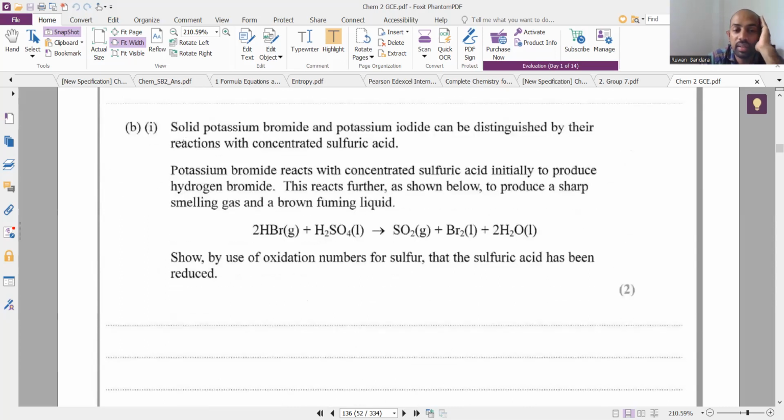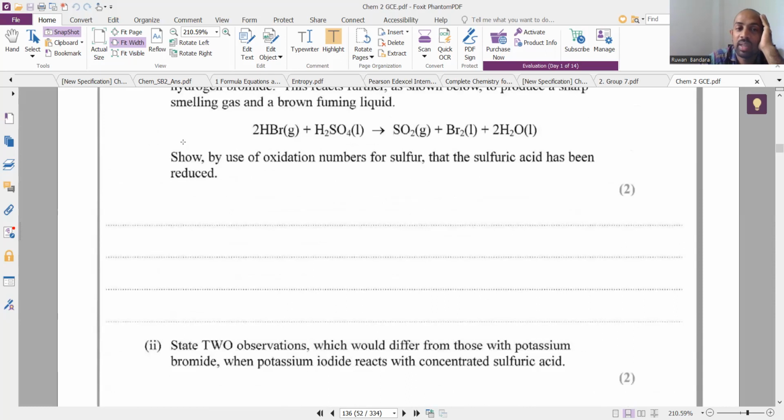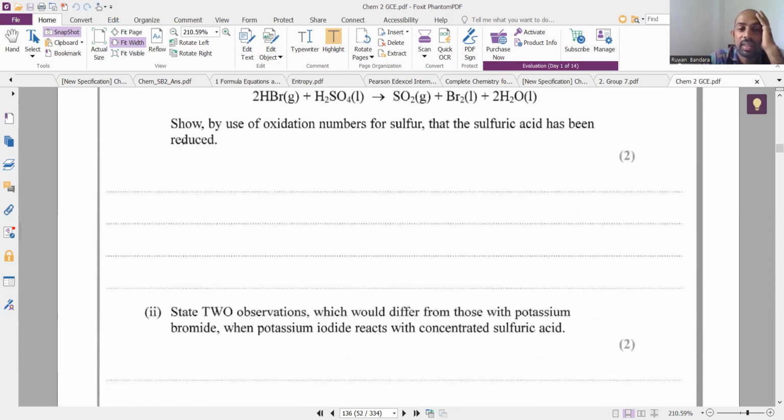Right, so done. Show by using oxidation numbers that sulfur in sulfuric acid has been reduced. Can I know one of your answers? Then I can say whether you have done it perfectly or not. Sonali, can I know your answer?